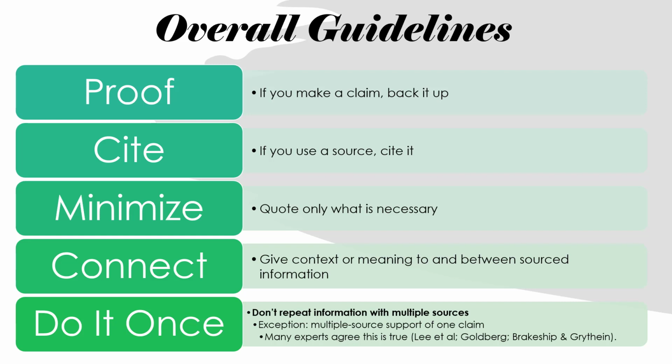And then at the end, you would cite all 3 of those sources with a semicolon in between each source. So in this case, it's Lee et al., so Lee and more than 2 other authors, Goldberg, and then Breakship and Grethan. Okay? That is the only time that you're really going to have multiple sources saying the same thing, but it's also just multiple sources in one citation. It's not the same sentence over and over. Okay?